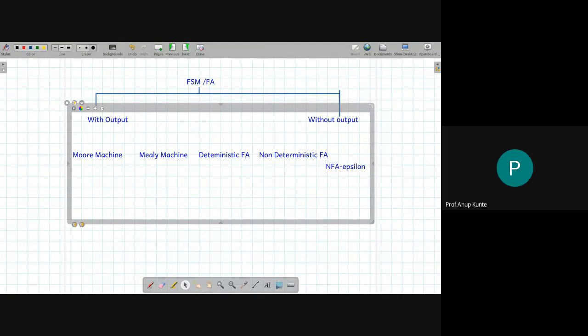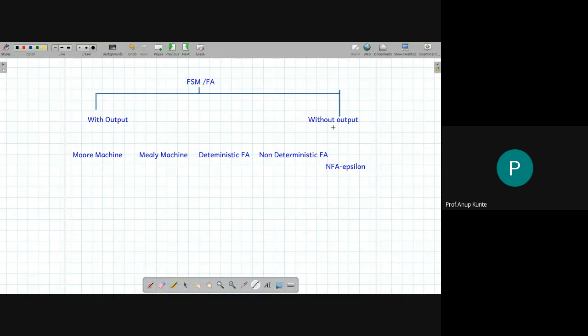Okay. Let me now draw the chart properly. This is the one. These are the two. Okay, and this has this one, and it has this one. So these are the devices that we are going to learn about.